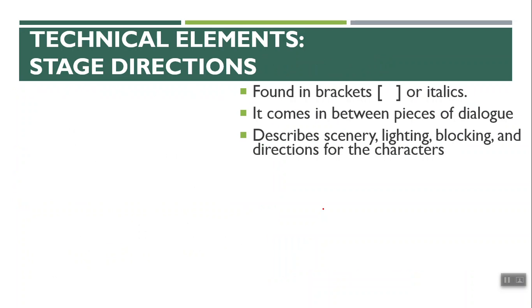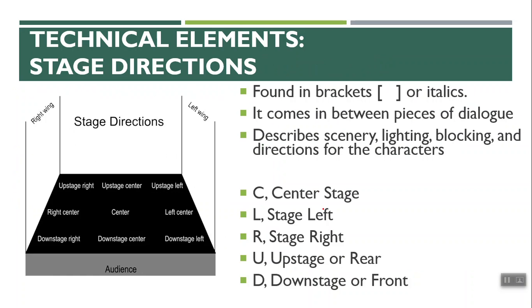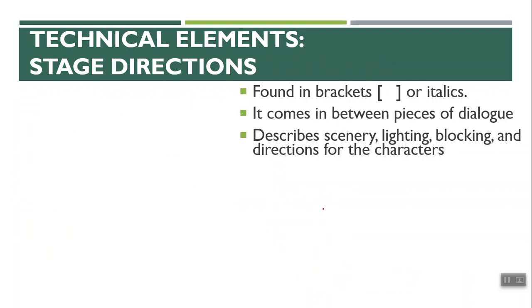Not all the time. Sometimes you'll have a play with a lot of stage directions because the author wanted some kind of control over what the characters do, very specifically, especially if there's a prop that's used in the play, right?